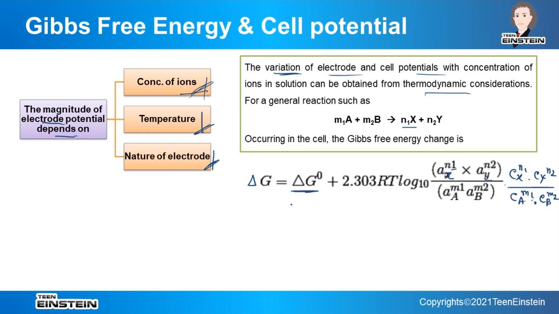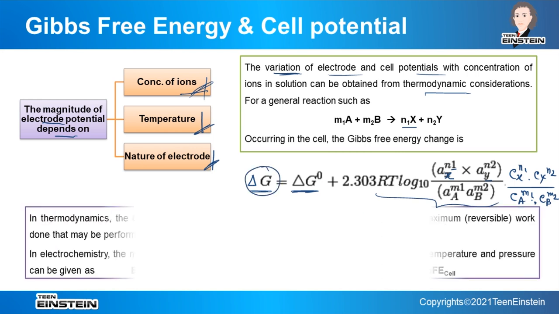So this is at standard condition and this is at any condition, because now after the log we have different concentrations of products and reactants. When we combine these two values, del G naught is fixed, but when we combine with this value, we will get different del G values.